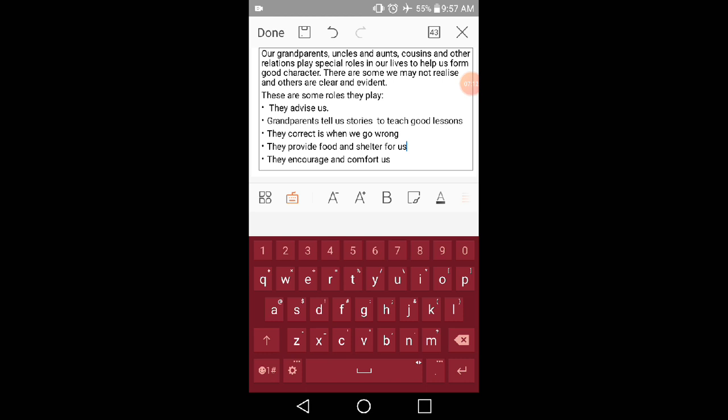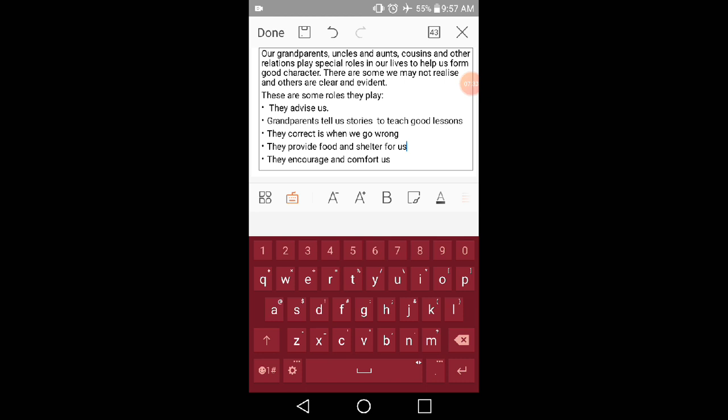Sometimes when they're outside playing and they hear that Uncle Ephraim is coming, they run inside because I've told them not to play football in front of the house. It doesn't mean I don't want them to play, but they should do it at the right place, you see? So uncles, aunts, grandparents, cousins, and so on, they correct us when we go wrong.